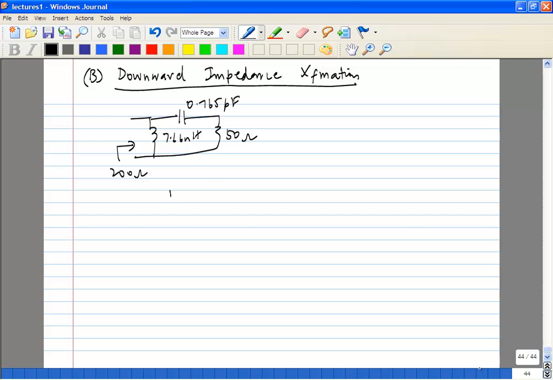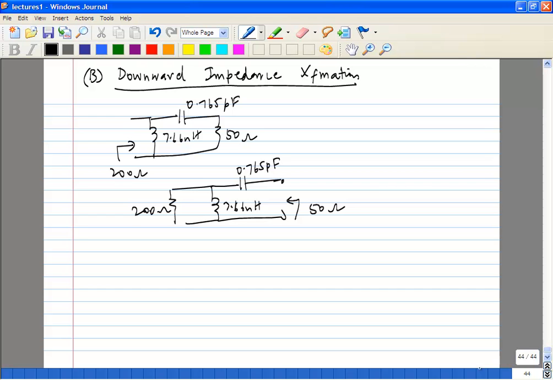If you add a 200 ohm here and look at this, this will be 50 ohms. So automatically you know how to do downward impedance transformation. You would convert this from parallel to series, analyze it as an equivalent series resonant circuit, and go down in impedances.